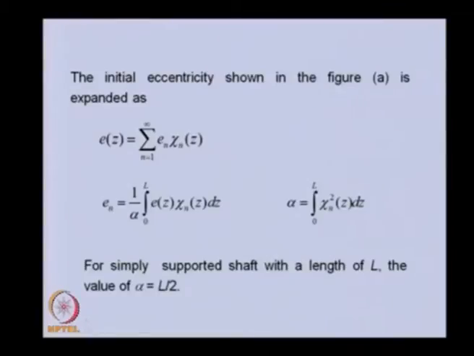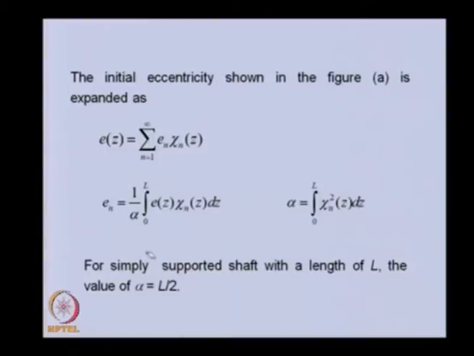Coming to the initial eccentricity which we have shown in the first figure, A, we can express that in terms of an infinite series in the form of some constant and the eigenfunction. This constant, as we have already seen earlier, can be expressed like this, where alpha will be given by this.